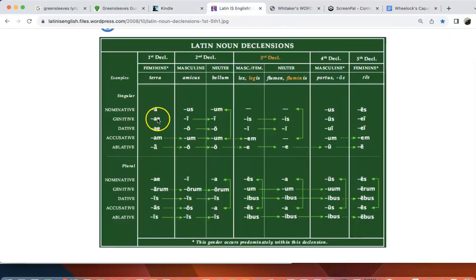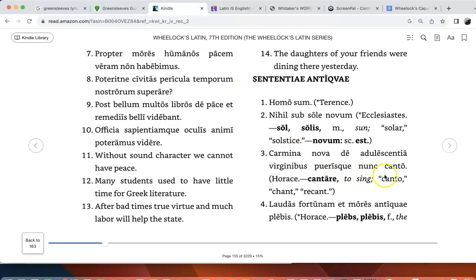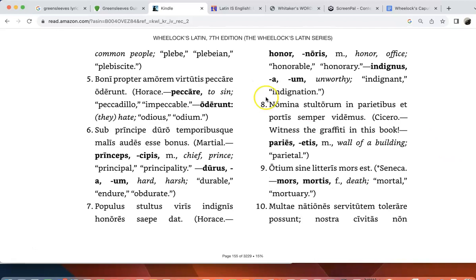Antiquae is first declension, genitive, singular, and then plebis is third declension. So this is where you want to make sure you understand that antiquae is first declension. That's just how it is. Plebs, or people, is third declension. That's just how it is. So here we have mixed declensions, but we have the same case, because that is what Latin requires, because Latin is an inflected language. All right, moving on here.